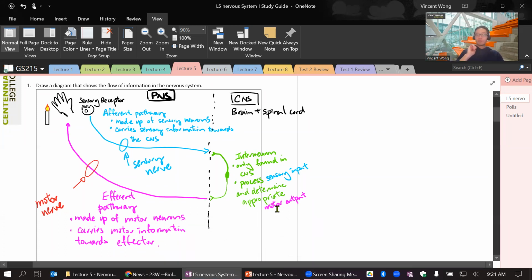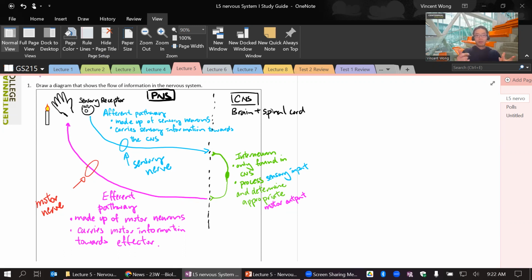Another thing I want to mention is that the way I present this to you is like a linear path. It starts here and then it ends up back in the hand. But don't forget, if it's something more serious than a candle, like if you actually cut your finger and it's quite a deep cut and it's bleeding all over, not only do you recoil your hand, but your heart rate probably goes up a little bit as well.